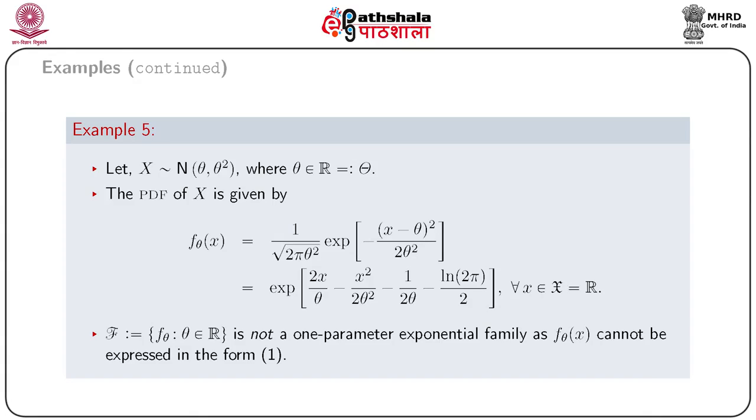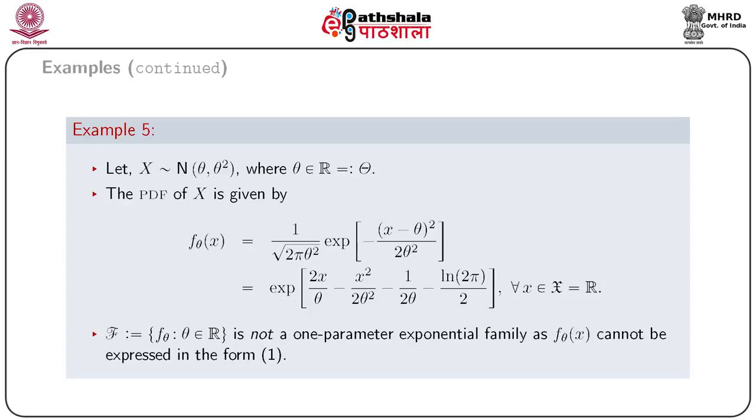Since here the support of the distribution depends on theta, f theta x does not belong to the one parameter exponential family. It can be similarly shown that if x follows binomial distribution with parameters n and p, then the family of distributions of x is an exponential family.